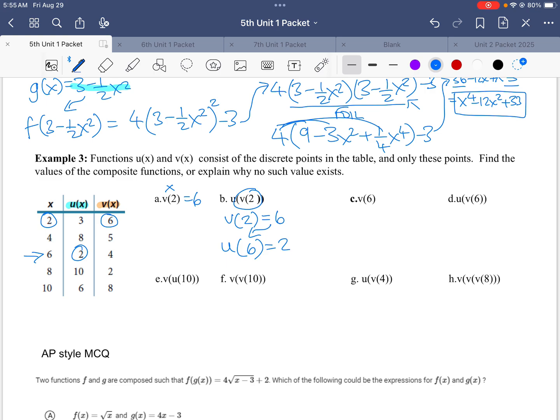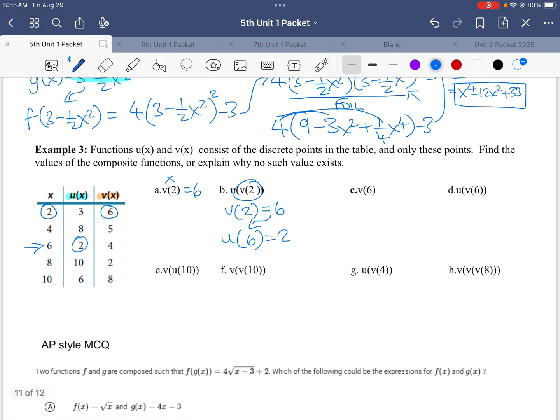I think you can probably, oh, let's do H though, perhaps that one looks a little bit more complicated. We have here, we're composing v 3 times. So I'm going to go ahead. We always start on the right and just work backwards. So I have v of 8. So v of 8 is 2. Then I need to go ahead and take the second function from the right.